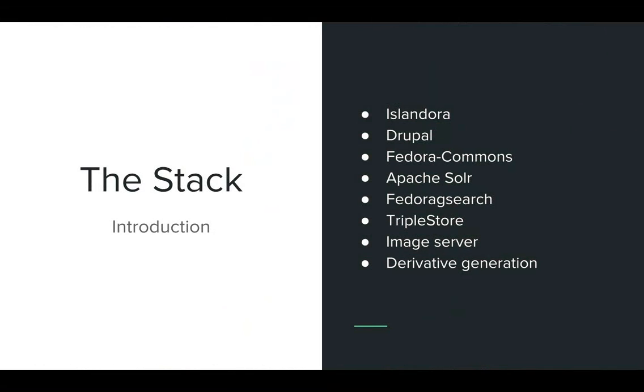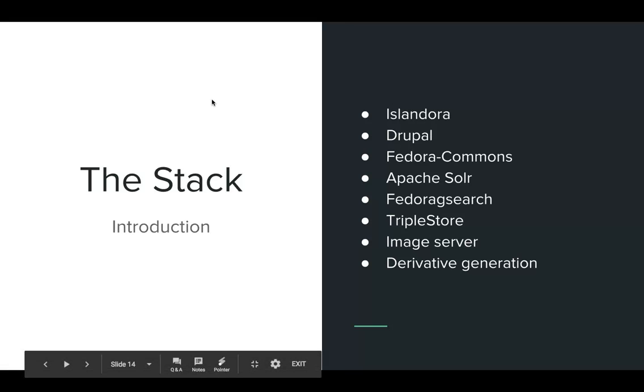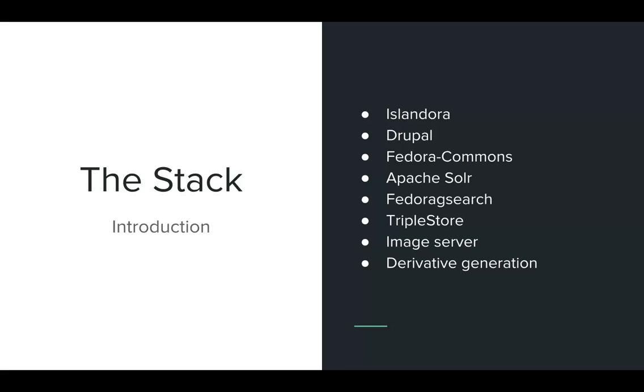So these are some of the main high-level components that make up the stack. Depending on what content models you're using, you may not have some of these components, such as the image server. Islandora is an open source software framework designed to manage, interact, and interface with digital repositories housed in the Fedora Commons application using APIs.